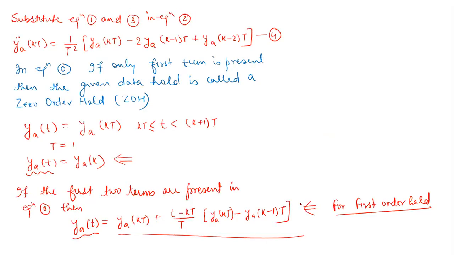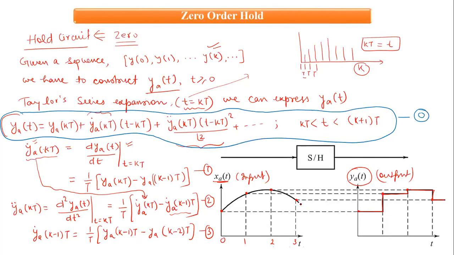So in this particular lecture, we have gone through the concept of zero order hold. Zero order hold is nothing but a hold circuitry of order 0. This can be understood from equation number 0 here. If we have any output sequence from the digital computer, which is converted into analog by using a D to A converter, and the output of the digital to analog converter is YAT, this YAT can be obtained by the Taylor series expansion about t equal to KT.